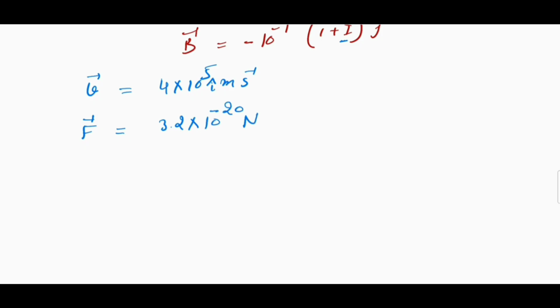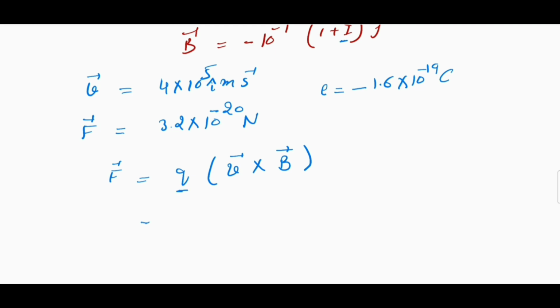And we know the value of the charge on the electron is equal to negative 1.6 into 10 raised to power minus 19 coulomb. And we know this formula, F is equal to Q times V cross the magnetic field B. So here Q is equal to negative 1.6 into 10 raised to power minus 19.